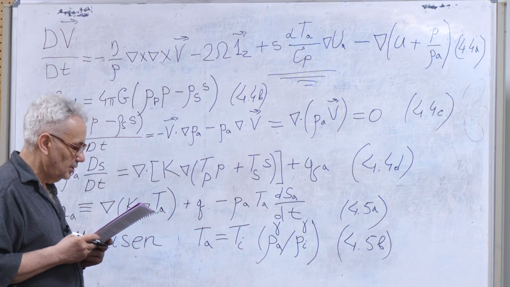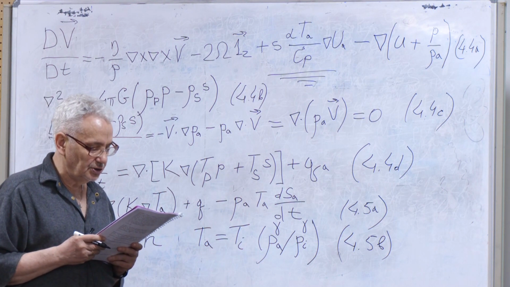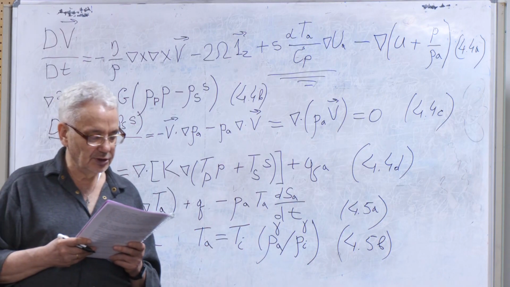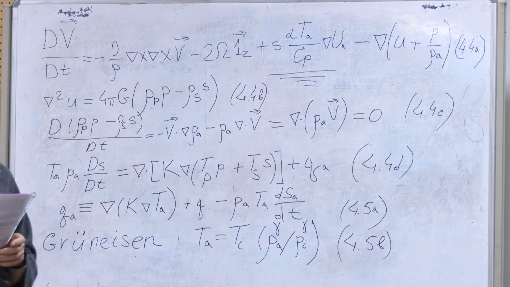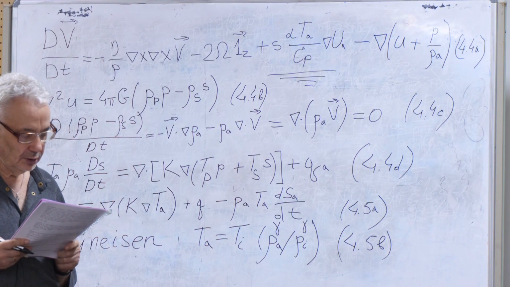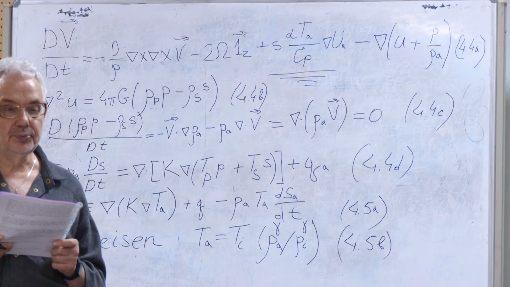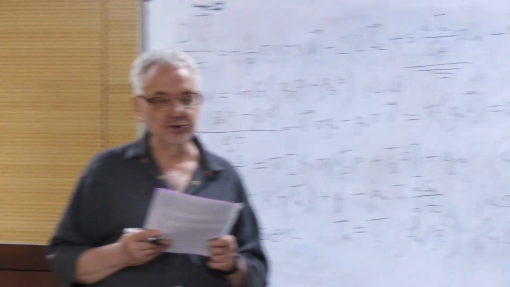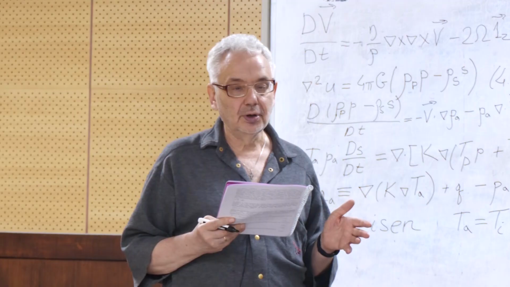So here gamma is the Grüneisen parameter and Ti is the crystallization temperature of the inner core. It's important to mention that when we have an impurity, a heavier impurity, which comes to the boundary with the rigid core, it becomes part of the rigid core.